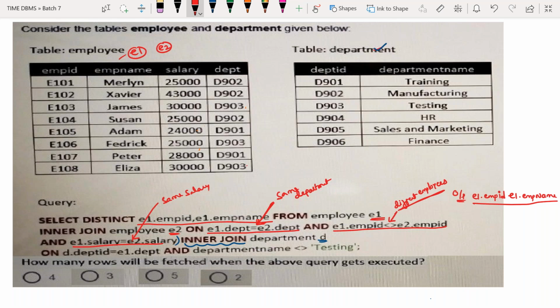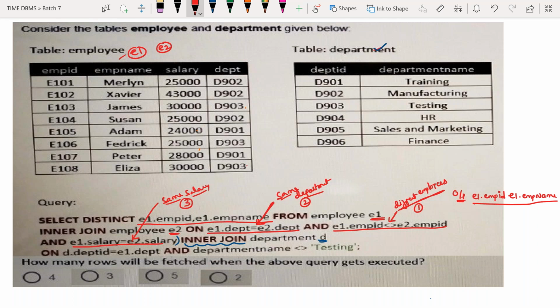If two different employees are working in the same department, having the same salary, here I am calling them two different employees with the same department and the same salary. So this is the way I'm checking it.